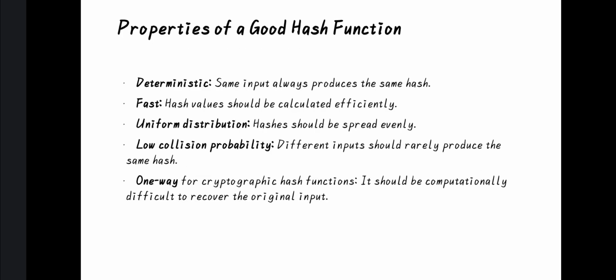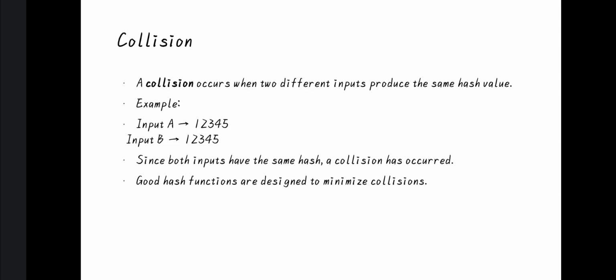Hash functions have properties such as fast computation and uniform distribution. These are the properties of hash functions. Collision means different inputs, input A and input B, which are different data, produce the same hash value.